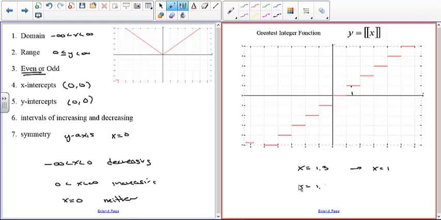X equals 1.9, y equals 1. Here's y equals 1. So you just take the integer part of the non-integer. So when x equals 2.1, you just show the 2 part. So that's there. So it stays at 2 and then jumps up.